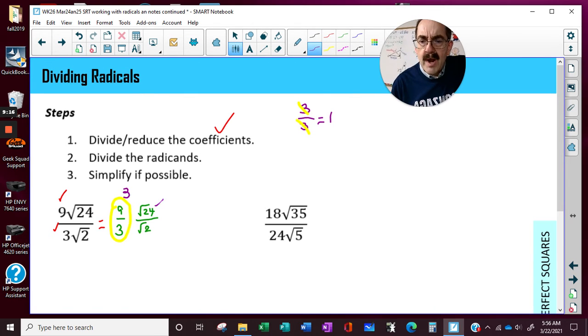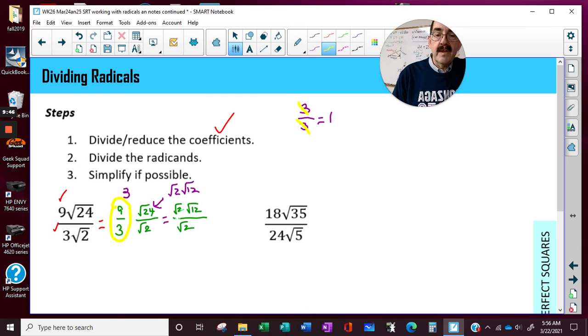Can we rewrite the square root of 24 in terms of radical 2? Can you see how I can write this as the square root of 2 times the square root of 12? So I can rewrite this as the square root of 2, square root of 12, over the square root of 2.